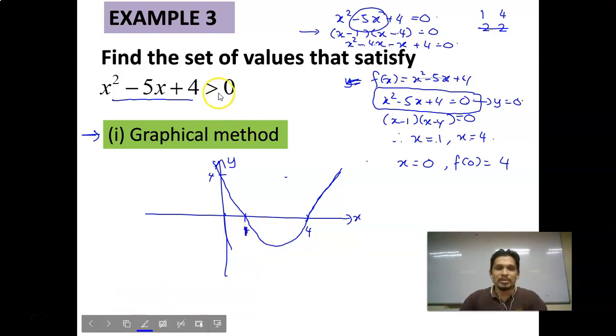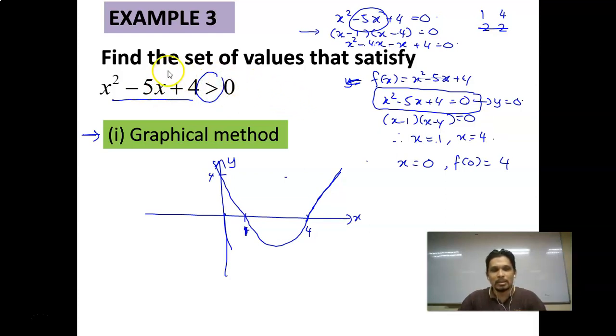Okay, so let's refer to this inequality then. x squared minus 5x plus 4 greater than 0. This function of y greater than 0. y greater than 0 is the section where it is above the x-axis.